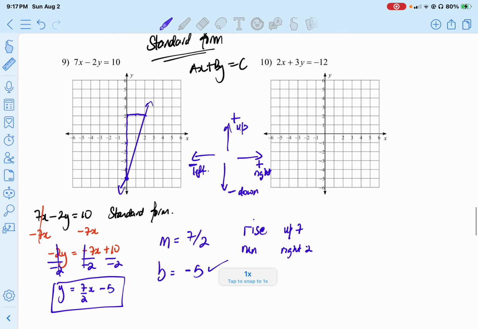If you need me to do more examples, let me know. But I do want you to practice converting from standard form to slope-intercept form, and then graphing it in slope-intercept form by using the slope and the y-intercept.